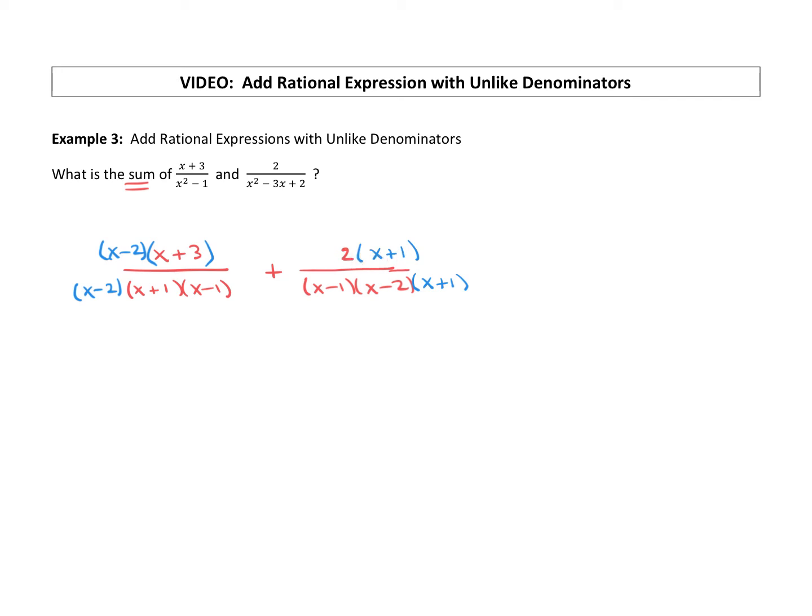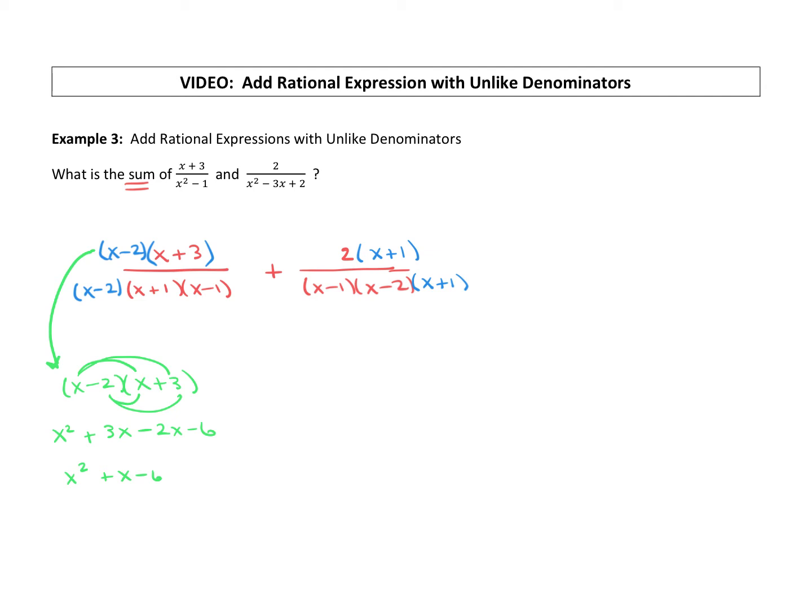And when we add our like terms, I don't know what the like terms are until they're multiplied out. So I'm just going to multiply this off on the side. Here's my work: x minus 2 times x plus 3. Remember, this is distribute: x times x is x squared, x times 3 is 3x. Now distribute the negative 2. Combine like terms, we have x squared plus x minus 6.